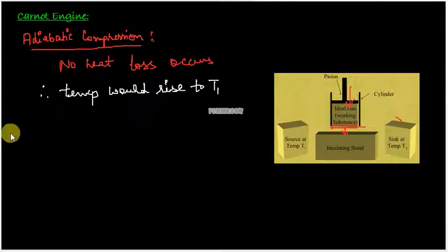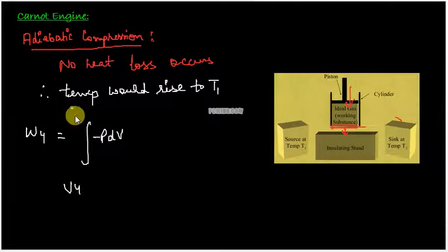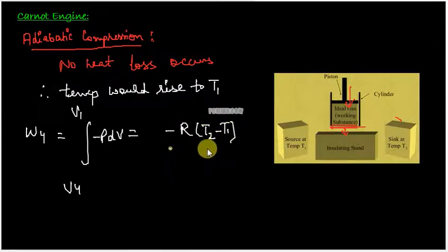So the work done this time, W4, while adiabatic compression is going on, would again be PDV but with a negative sign. Volume is changing from V4 back to V1 because we compressed it, and it's again minus R times (T2 minus T1) upon (1 minus gamma).